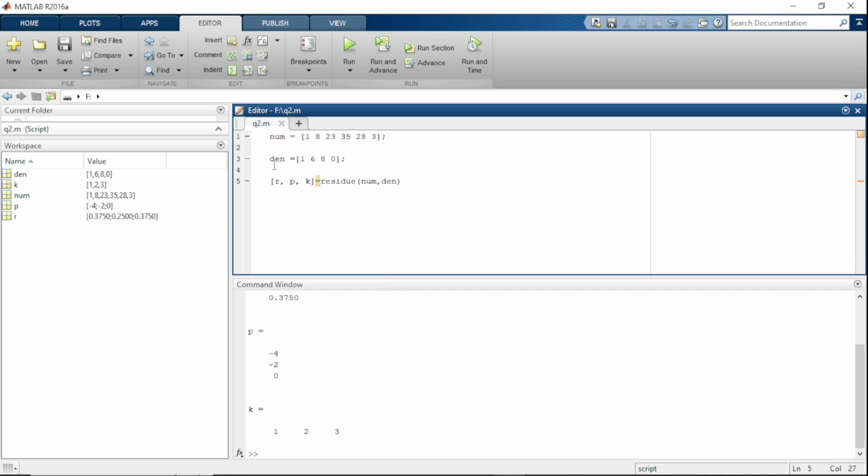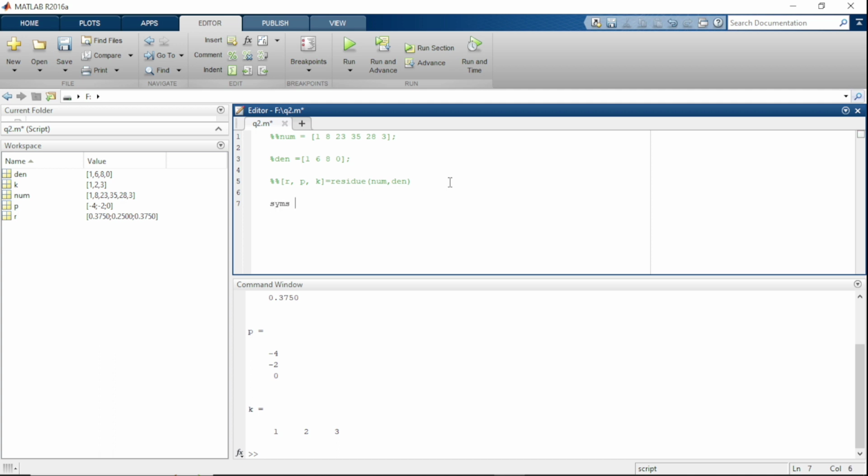Now we use the inverse Laplace command to get the t domain. Just remember the command. We have to define the variable, that is s.